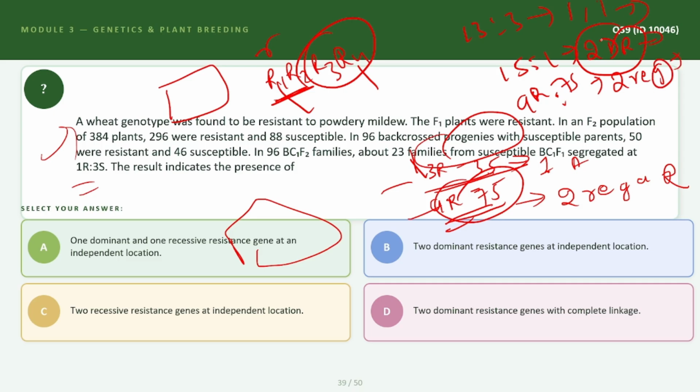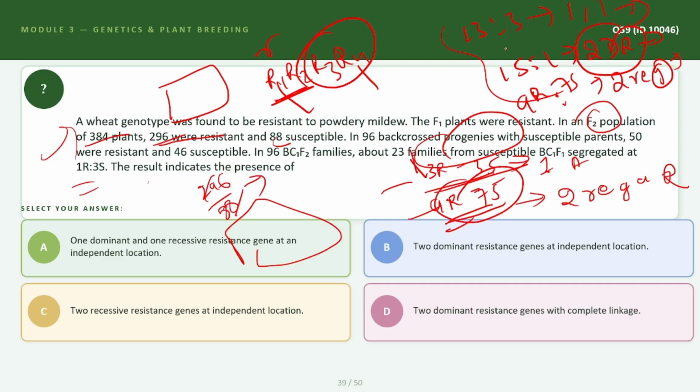For example, you think this is in F2. Here in the F2 population, among 384, 296 were resistant and 88 susceptible. You just check which ratio 296 and 88 gives.